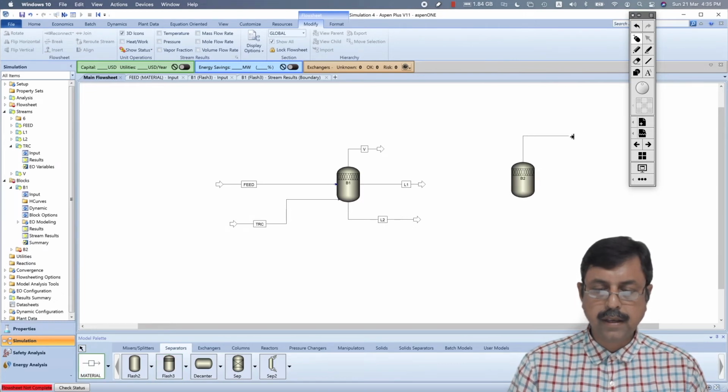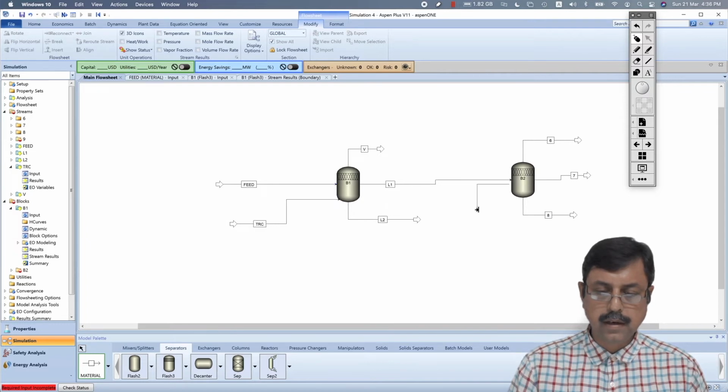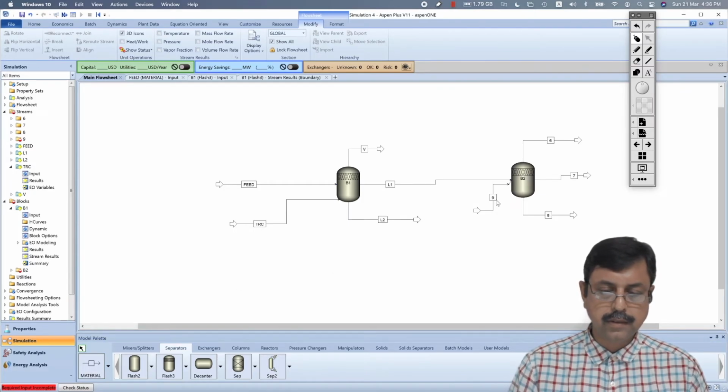So this is our second V. This is our L1, L2, and then this needs to be connected to this one, and we need another TRC over here. So this one we name it TRC2.